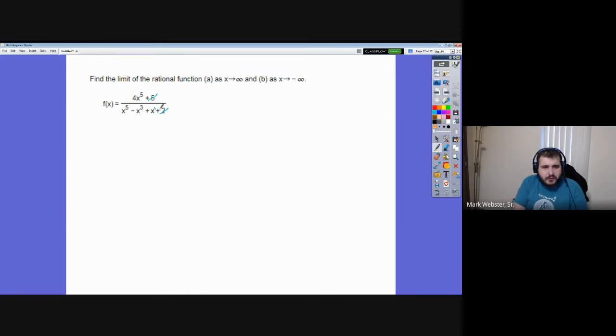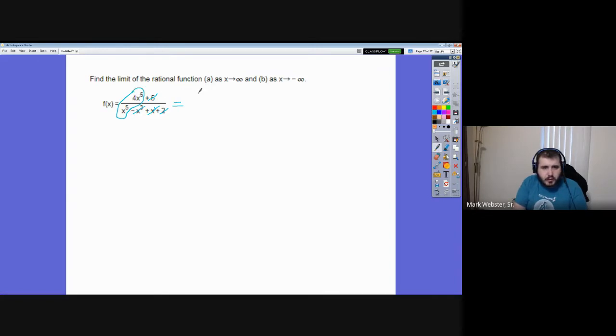Is x to the first going to grow anywhere near as big as x to the fifth? Heck no. Even x to the third is not going to grow very fast. All we care about is those leading terms. These parts don't grow fast enough. They're not going to follow us to infinity land. We just care about the terms that have the highest degree on top and the term that has the highest degree on bottom.